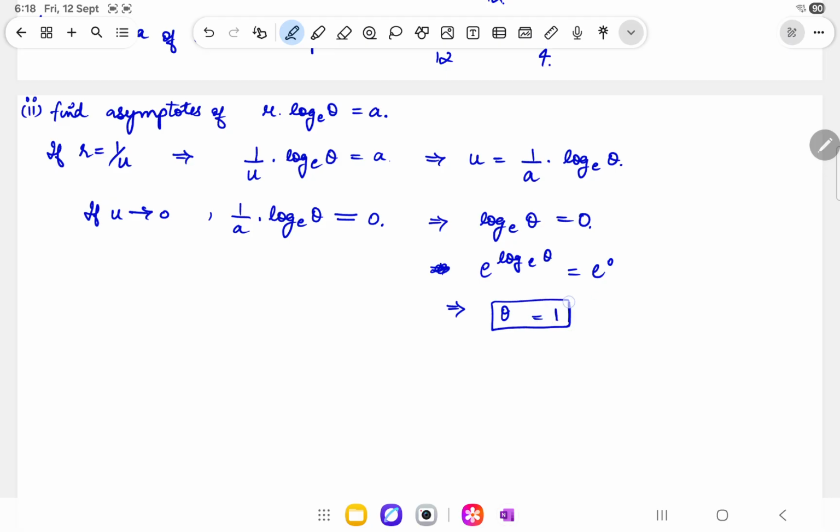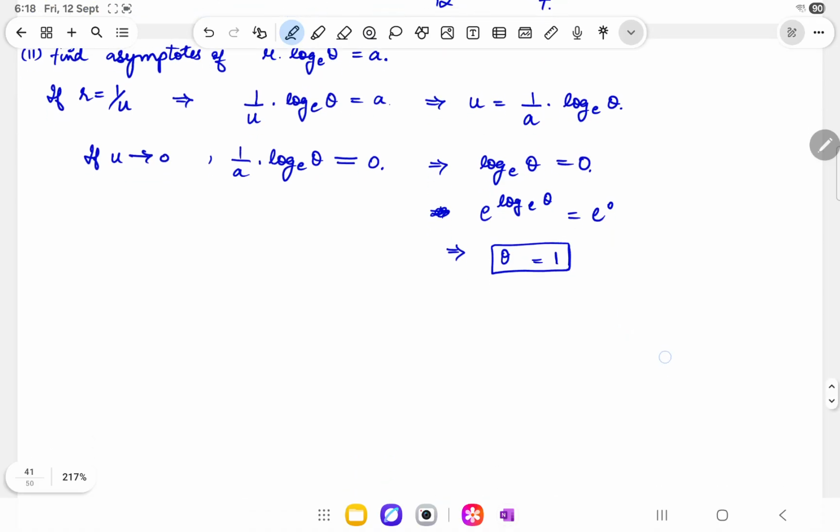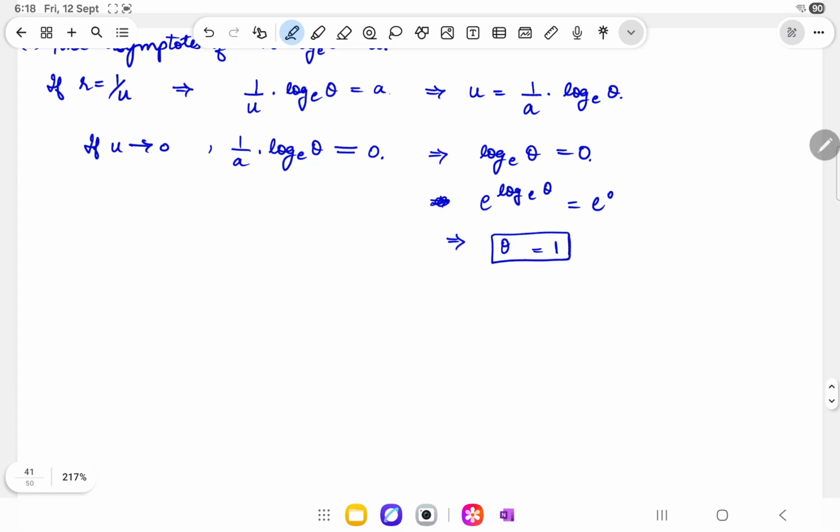So for theta equals to 1, u approaches 0. Now I got my theta as 1. Let's name it as theta 1.